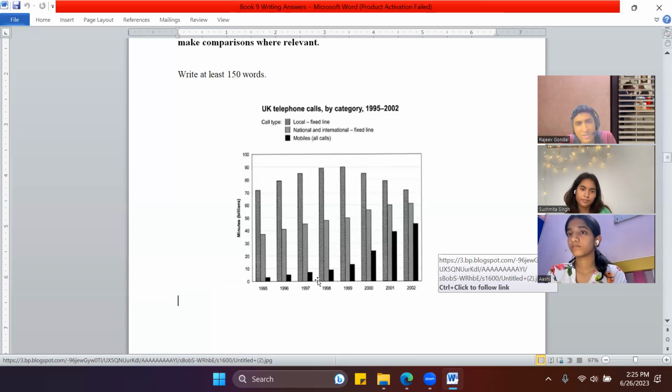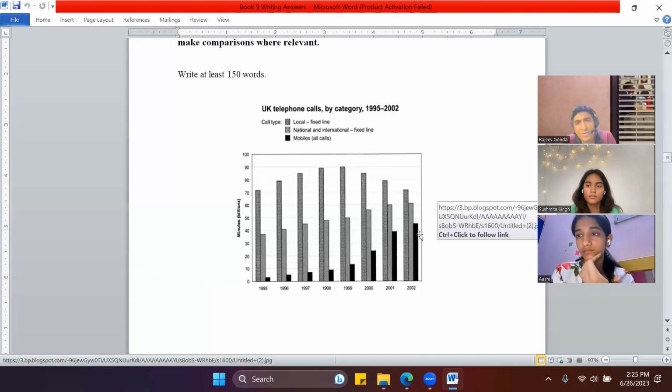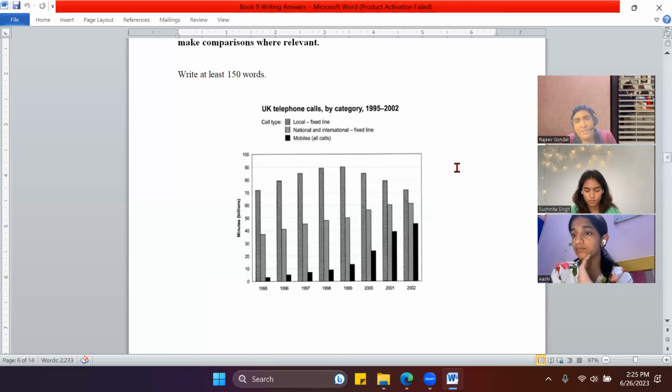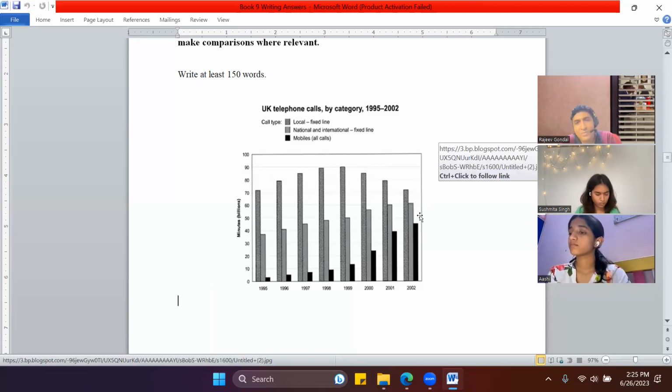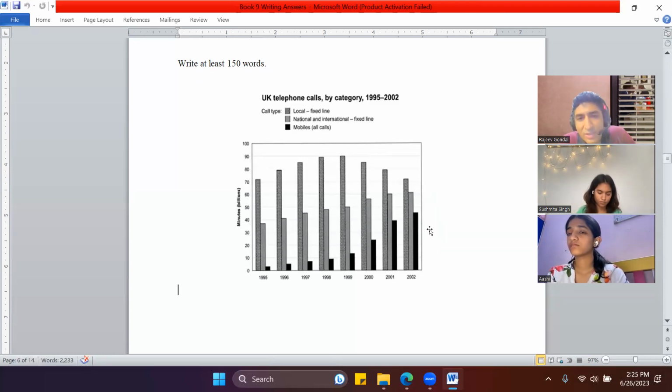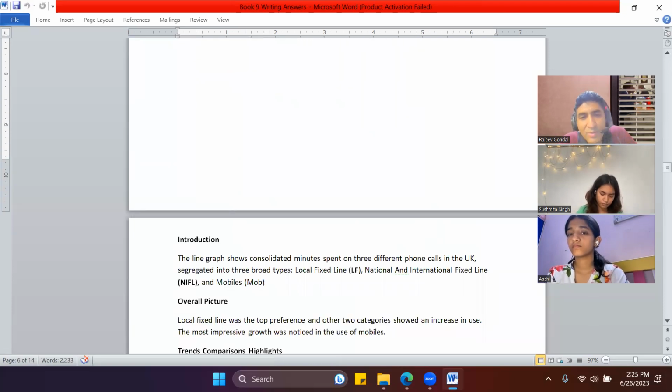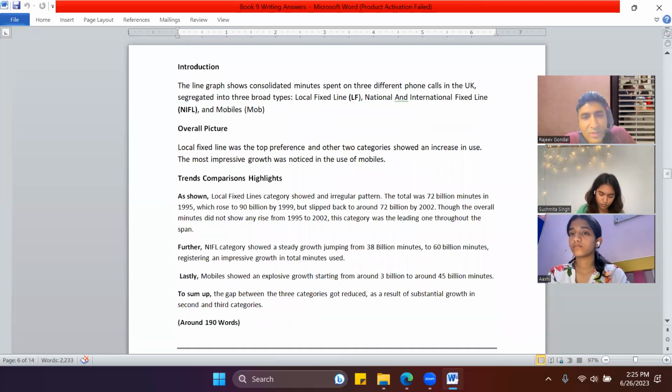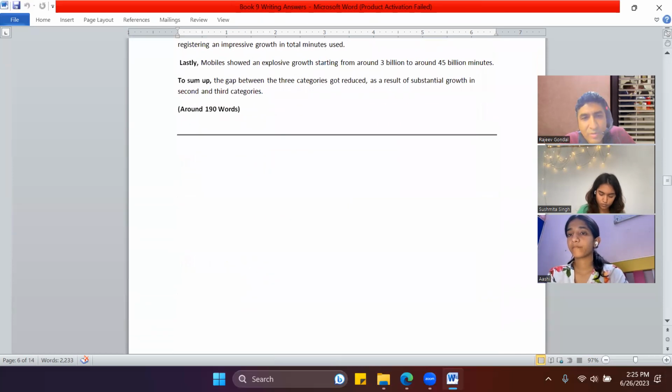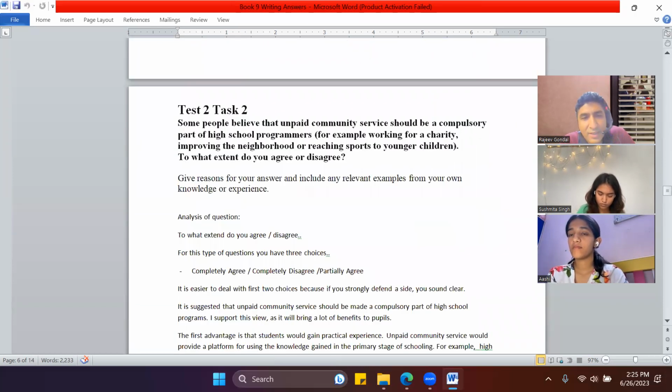So you cannot say that mobile phone is actually less important. By virtue of experiencing the exponential growth, it might have, and it has already, overtaken all other modes by now, right? So that's what I mean. You cannot really speculate here. You are supposed to write whatever is given, but that's how you analyze, and that's what this particular graph talks about. So you can read and write about it.